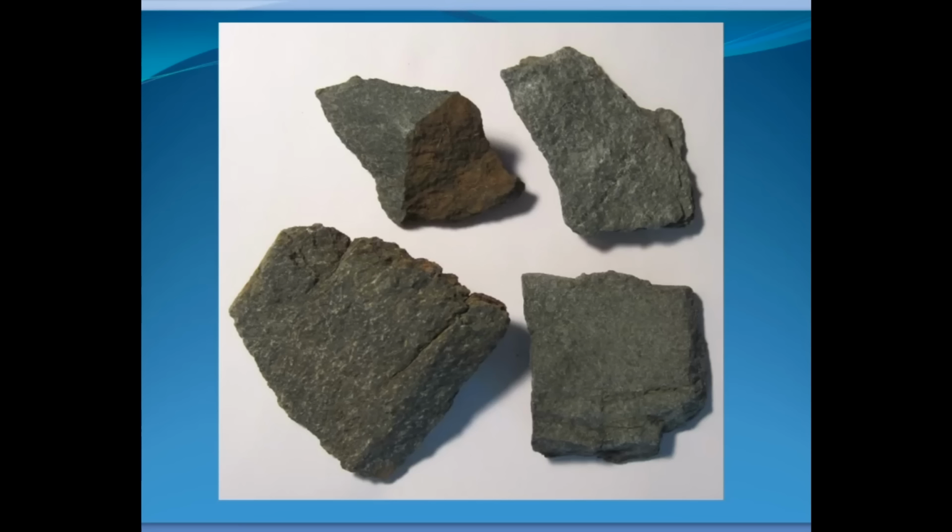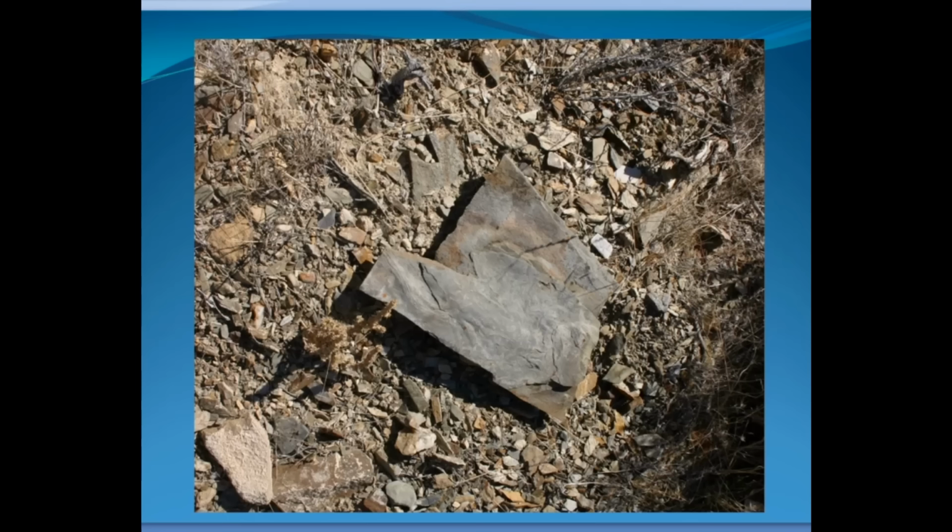And the lower one on the right is from Arizona. Now, all 4 of these rocks are the same kind of rock, and they're all closely associated with gold. There was gold at each of the 4 sites where I found these rocks. So it just goes to show that there are some consistencies, although it does vary from district to district, about rocks that are associated with gold deposits.